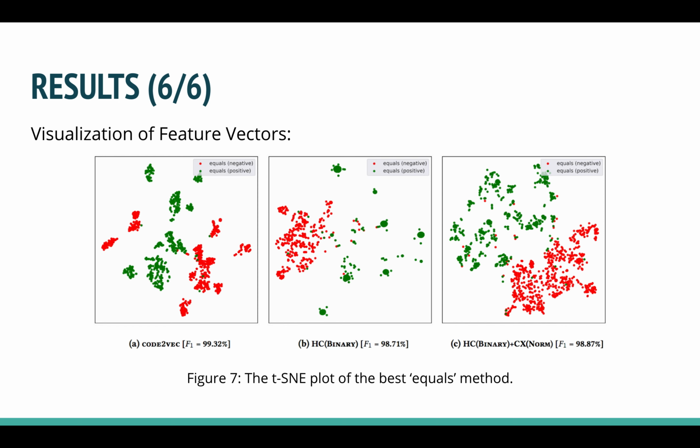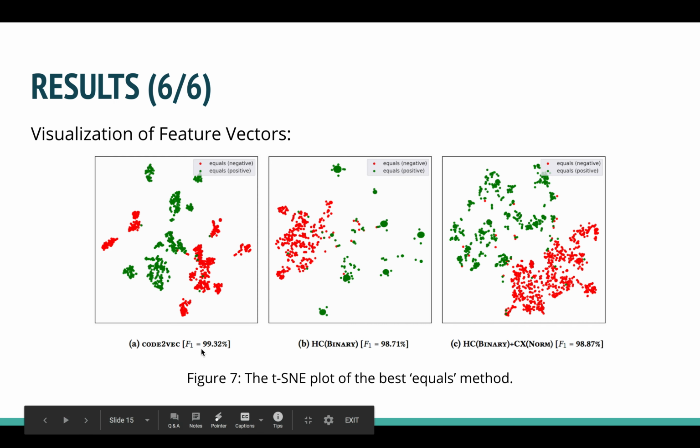The red points indicate the negative examples and the green points indicate the positive examples. The data points form a cluster of positive points in the middle in figure A, and figure B and figure C are almost linearly separable, and all show a good measure of separability as the F1 score is near perfect.